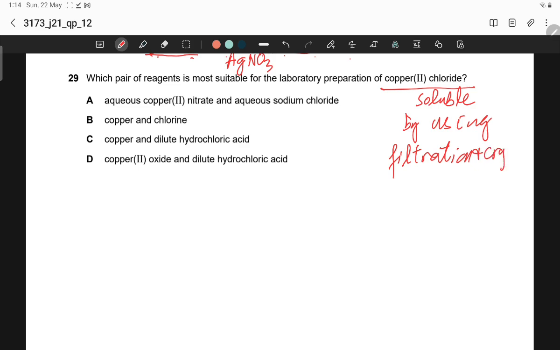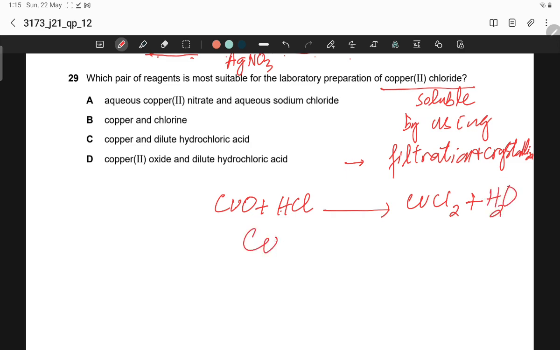In filtration and crystallization, copper 2 chloride is produced by using copper 2 oxide plus HCl to form copper chloride plus water.